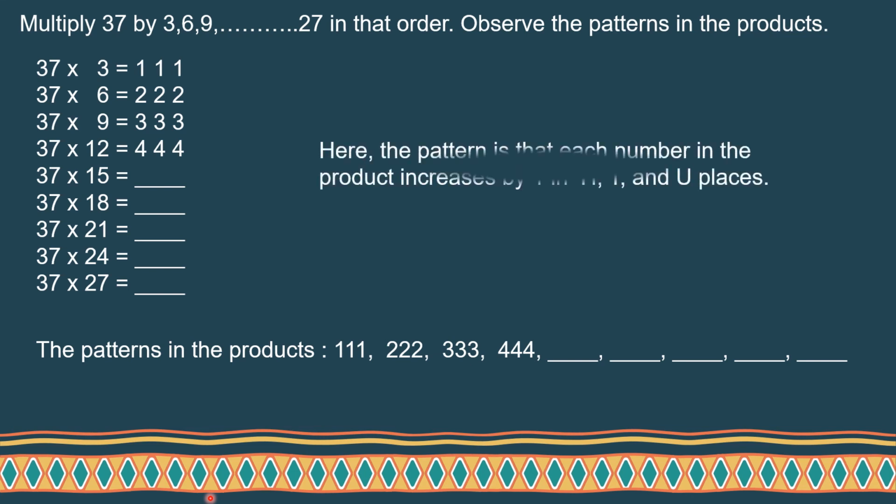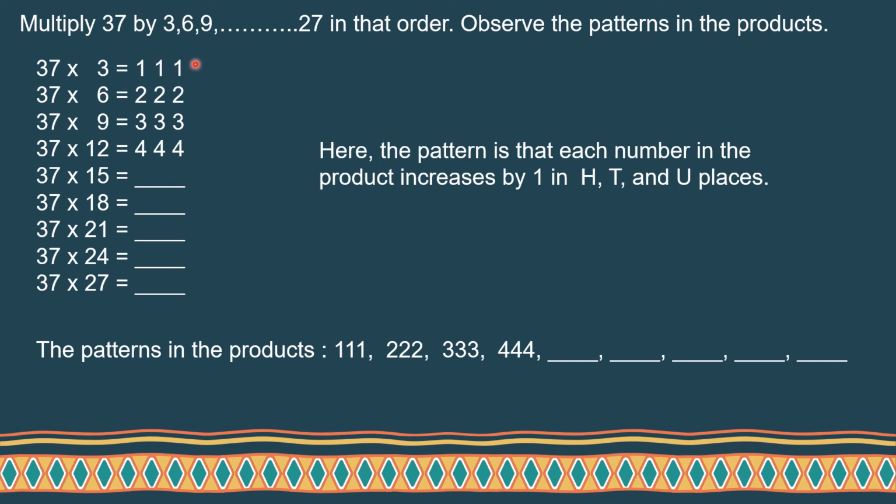Here the pattern is that each number in the product increases by 1 in the hundreds, tens and unit places. Have you observed here? This is the unit place, tens place and hundreds place.